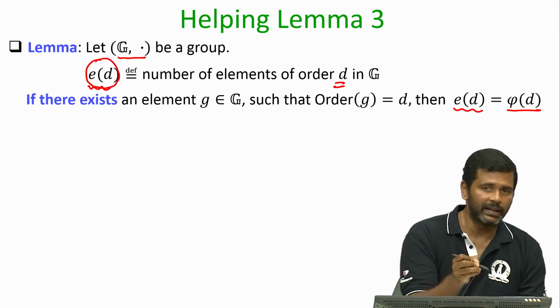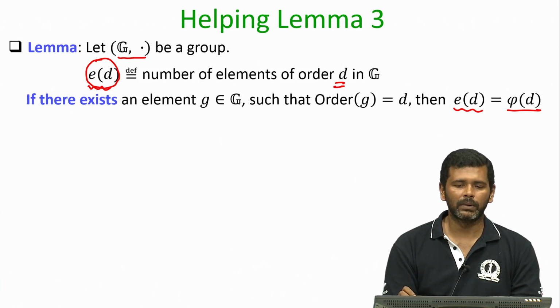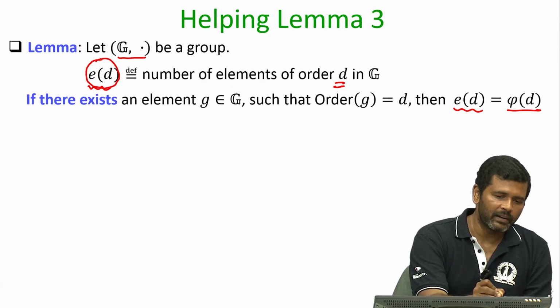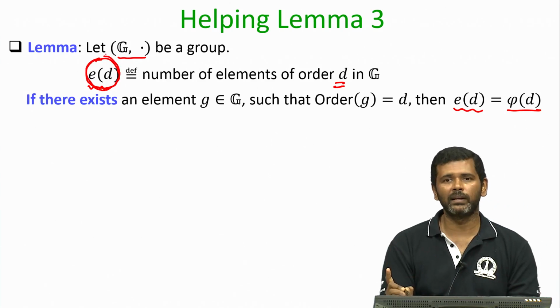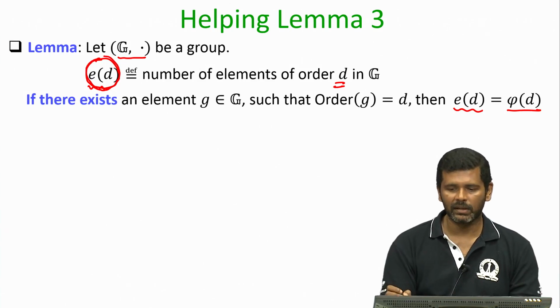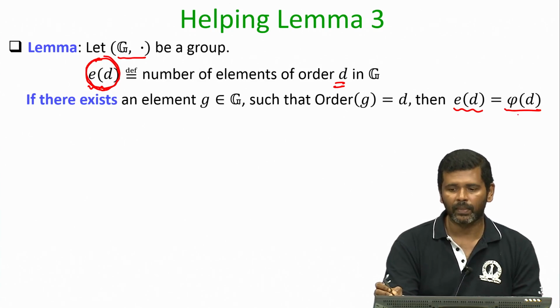Of course, your set E d could be empty itself, meaning there might be no element in the group whose order is d. The lemma says that if your set E d is non-empty, that is, if there exists at least one element in the group whose order is d, then there are actually phi of d such elements. Okay.